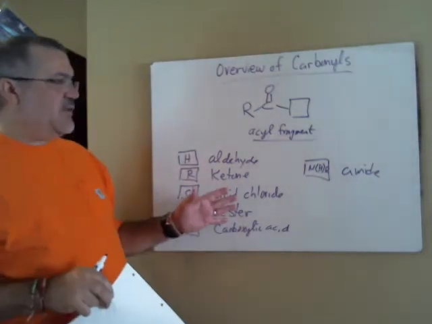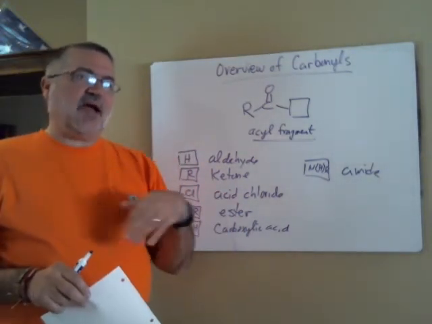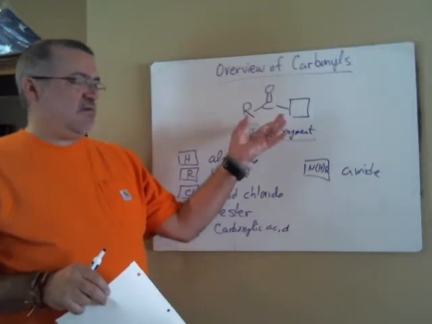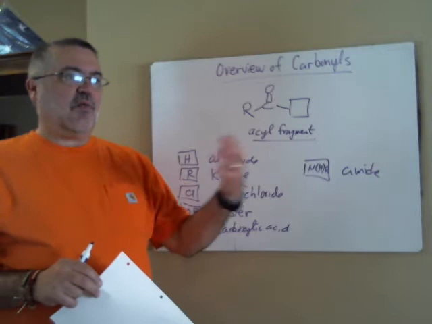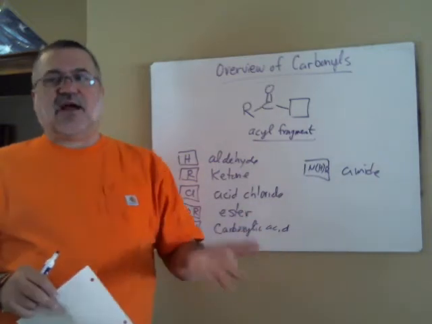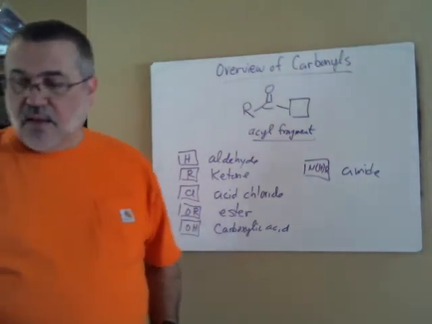And then as we're going to see, that basically defines the two different types of reactivity that the carbonyl functionality will undergo, because it's either going to undergo one major set of reactions or another major set of reactions, depending on its identity. All right?